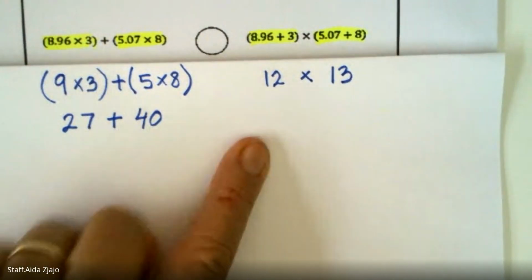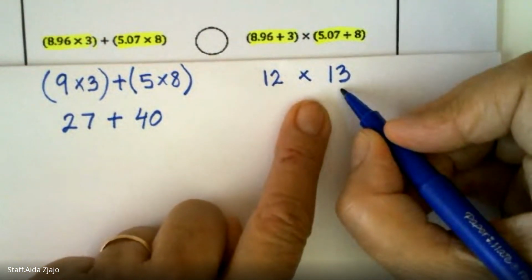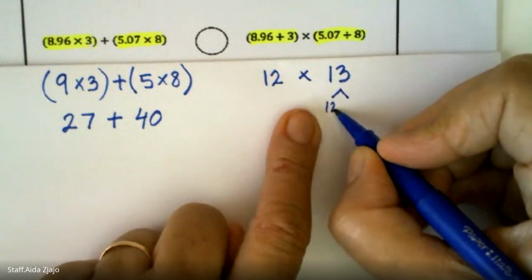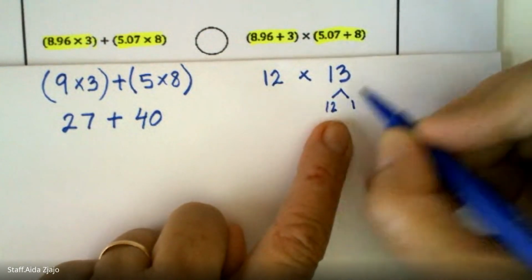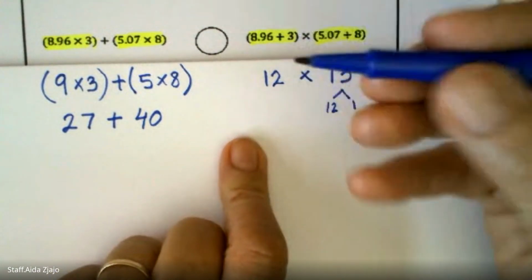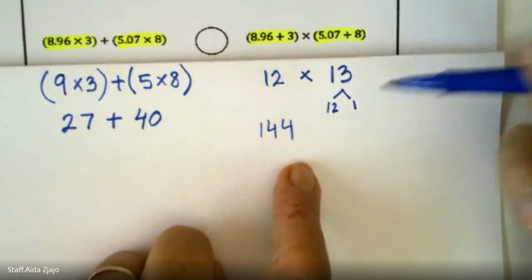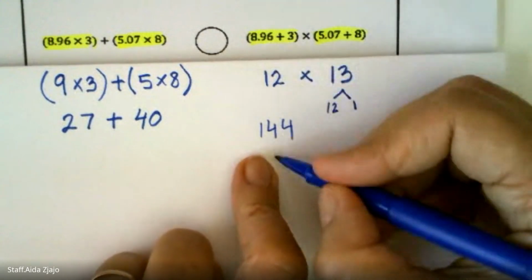67. But when you think about this to be 12 and 1 more, you could think 12 times 12, everybody mentally knows that is 144. And then it would be 1 more 12 to it.